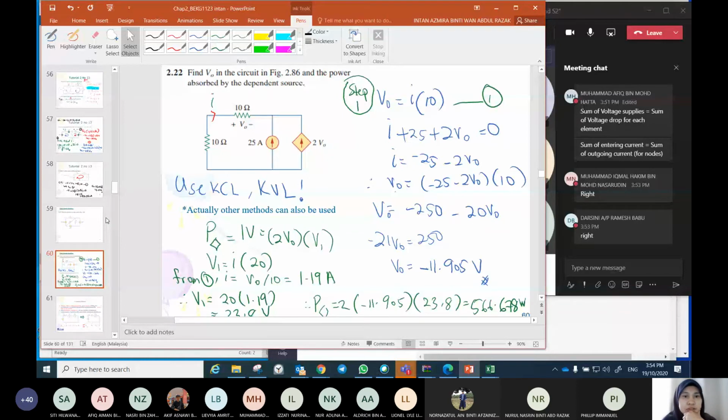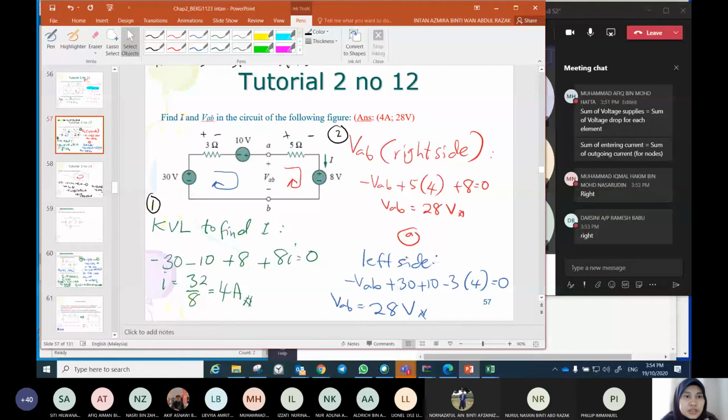Same as this: the question here is find I, so it is clearly stated that you have to find I. How to find I? That's why I start with KVL to find the current. It is clearly shown that the steps for the right side and the left side are the same. You just write the KVL equation and then substitute the current into the equation.